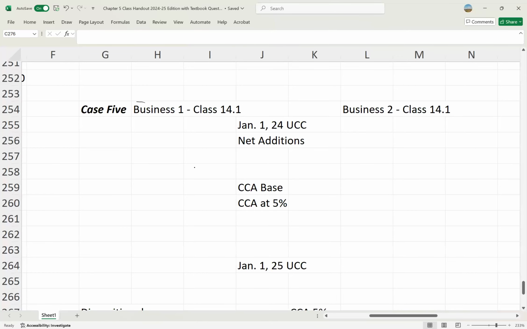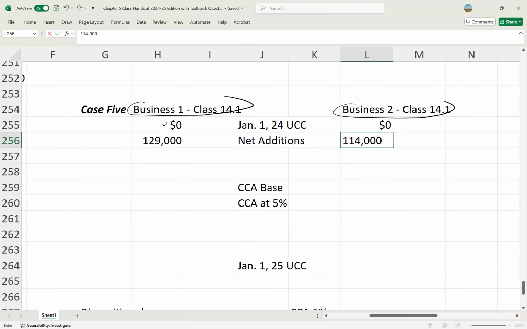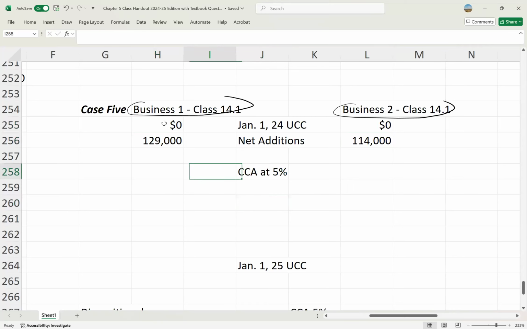So we're going to have two separate class 14.1s. Both of them will start off with 0. So the balance at the beginning is both going to be 0. To one of the class 14.1s, we're going to add the 129,000. To the other one, we're going to add the 114,000. The CCA at 5%.